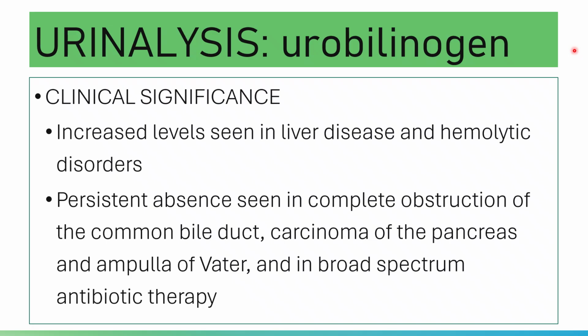Increased levels of urobilinogen are also seen in hemolytic disorders. In cases of hemolytic disorders, excess urobilinogen in the urine is seen without a positive bilirubin. Excess urobilinogen is seen in urine in the absence of bilirubin that is associated with hemolysis.